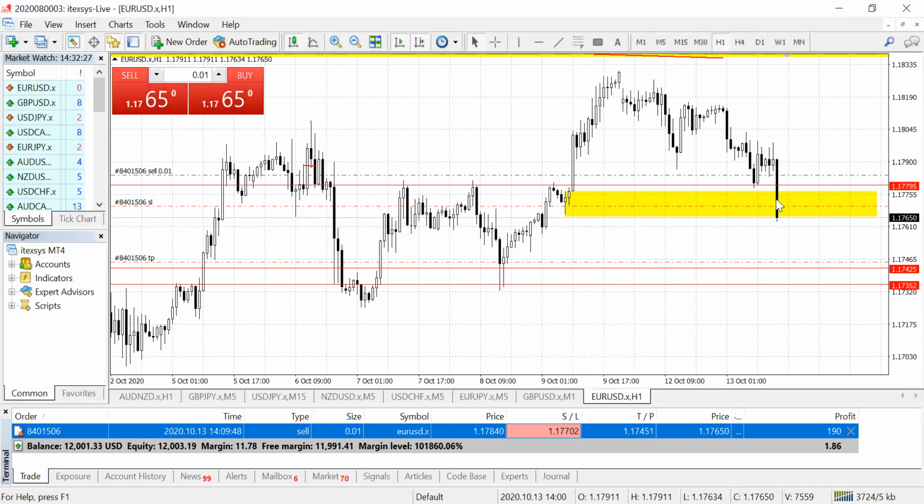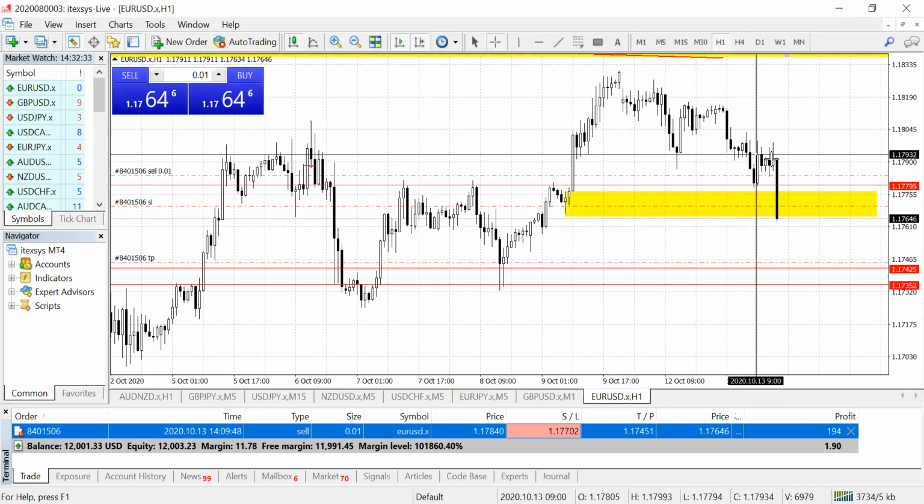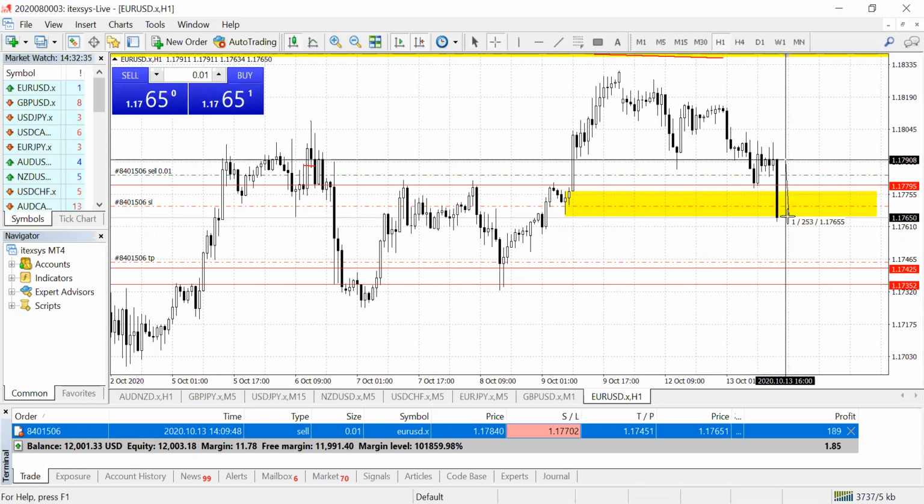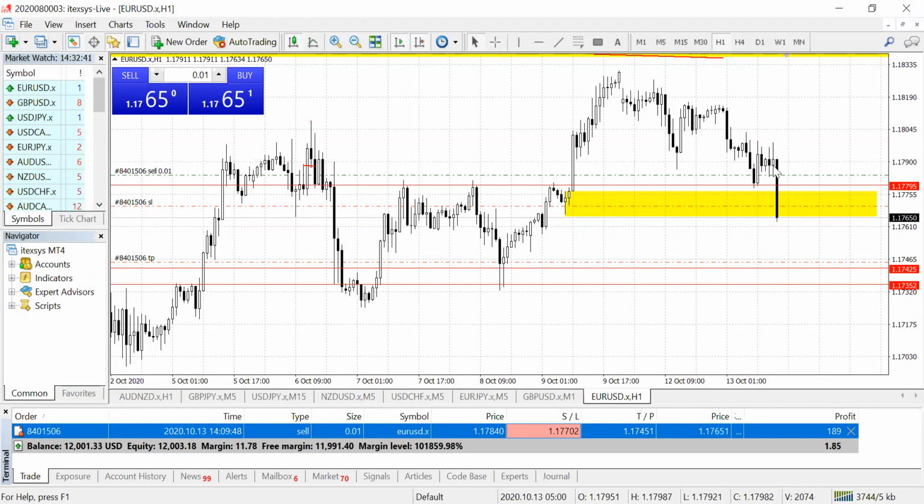But if you look at the size of this candle on the 1 hour chart, look at this, our candle is 26 pips. There are no such bars, or maybe a few back here.